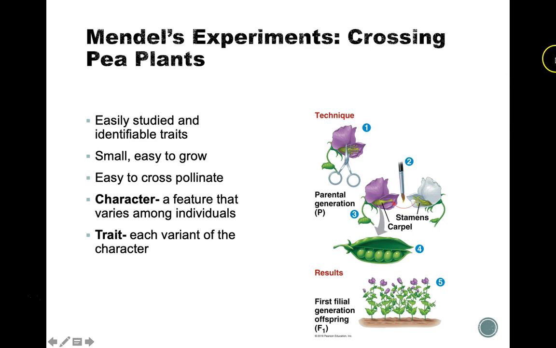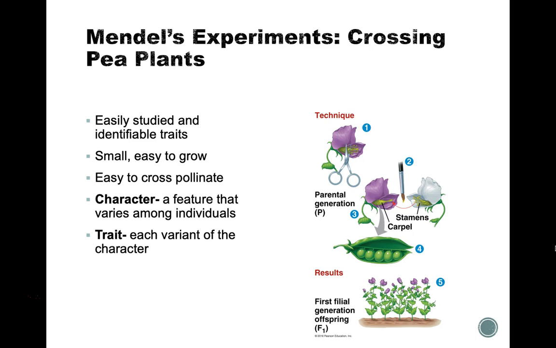So basically, he could take off the male or female parts of the flower. The carpel here is the structure that holds the egg. The stamens hold the pollen, and so he could brush pollen from one plant onto the stamen of the other. And so he knew which traits he could be looking at, which ones he could study.